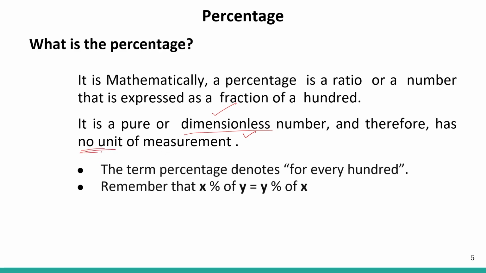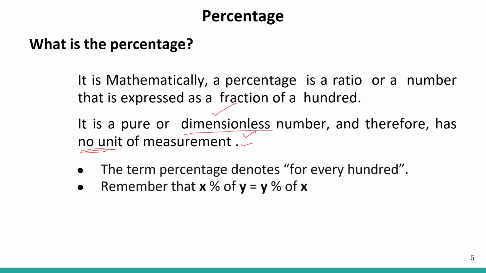The term percentage denotes for every 100. Wherever you see percentage, since cent is there, it means for every 100. You put the whole as 100 and try to figure out the amount you have owned, how much it is out of 100.